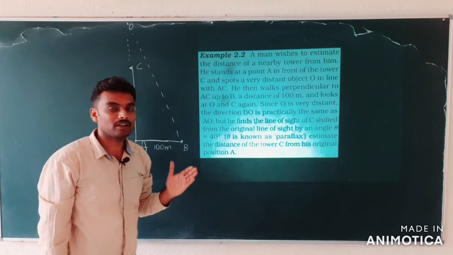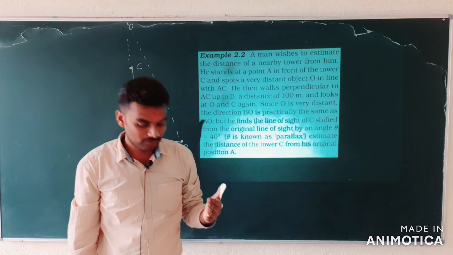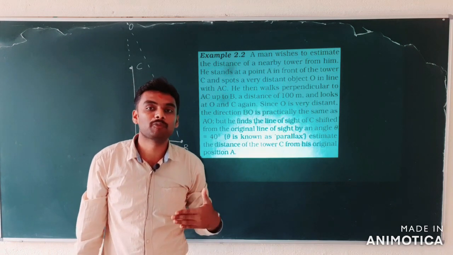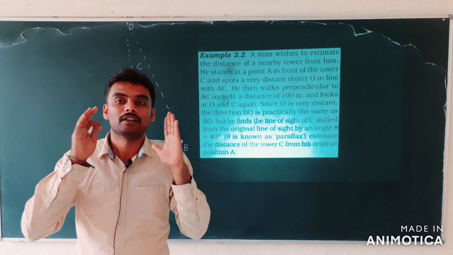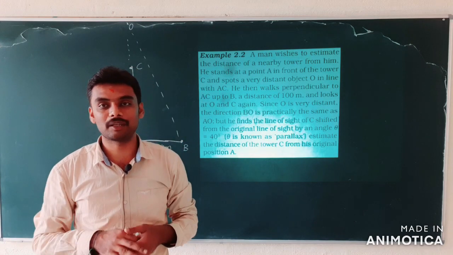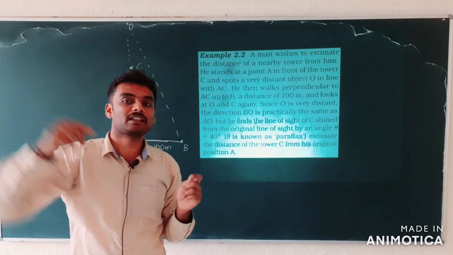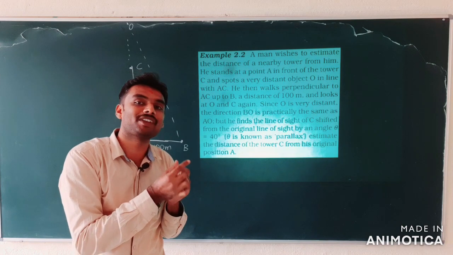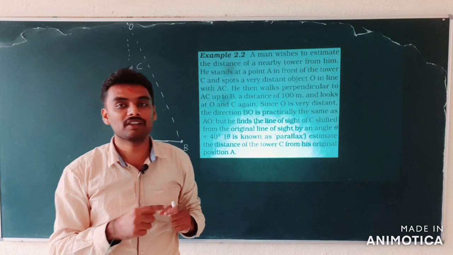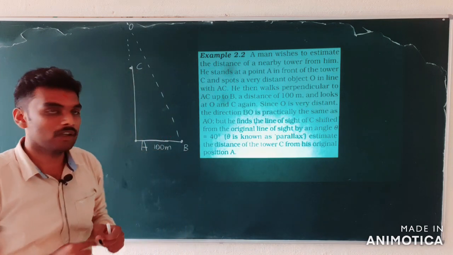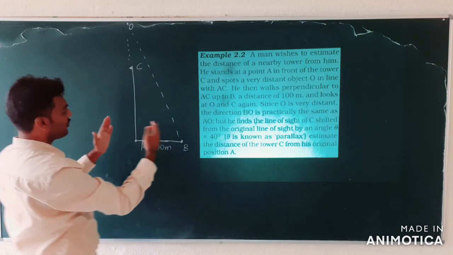See, if we are looking at a very distinct object like the moon, if we stand at this point and move a distance of 1 kilometer and look at the moon again, the direction practically remains the same, because the distance of the moon from earth is very large compared to the distance that we move, which is very small. 1 kilometer is also a very small distance compared to the distance of earth from moon. So the direction of BO almost remains the same.